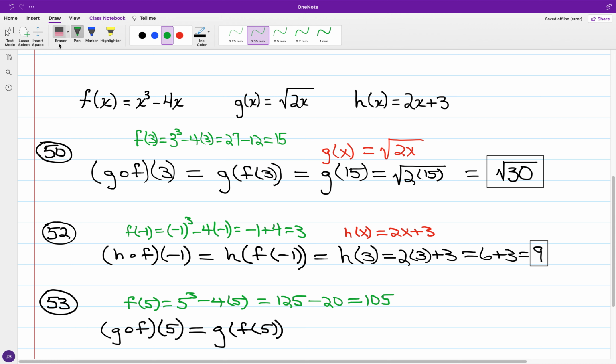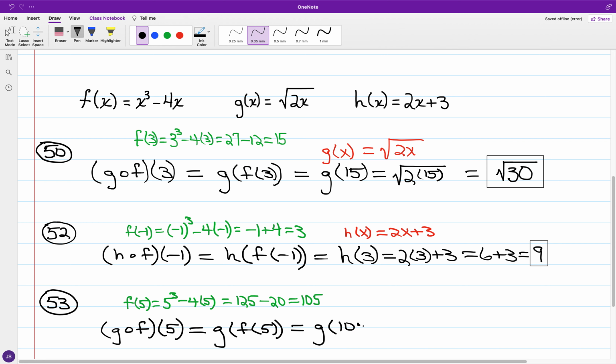And so we're going to have F of 5 equal to 105. And plugging back in, we have G of 105.